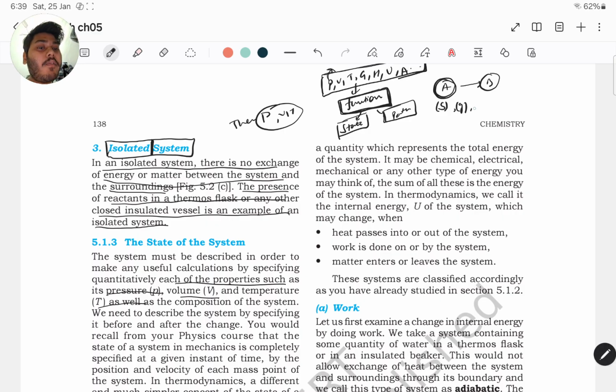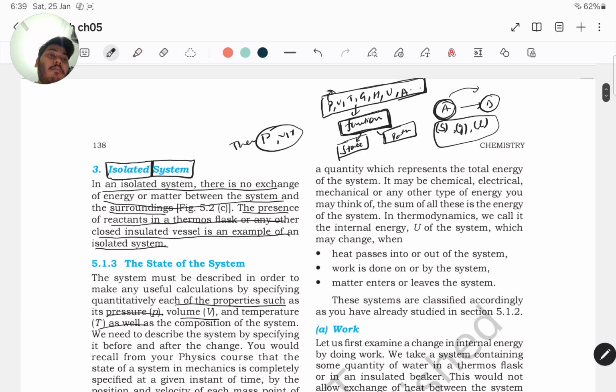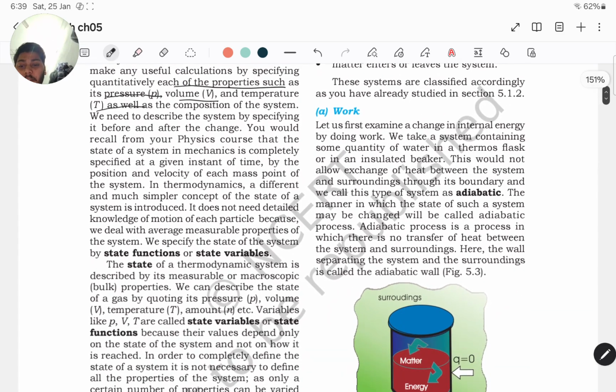But basically we are using three states: solid, liquid and gas. So if the state is involved, that is the case of a state function, and if the state is not involved, it may be a path dependent function. Means the path we choose to go from A to B may affect it. So that we are discussing.